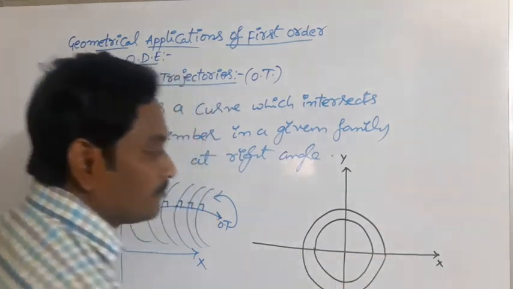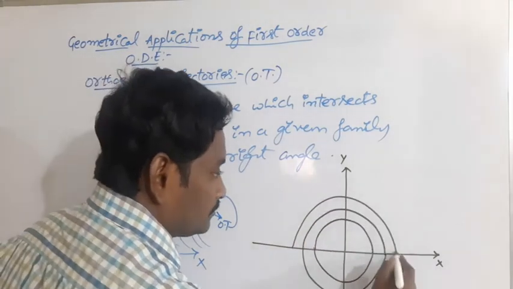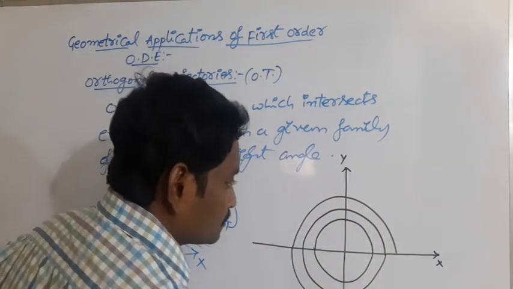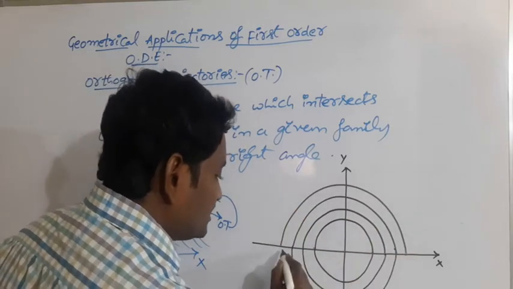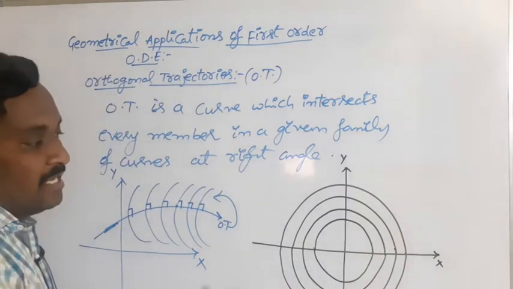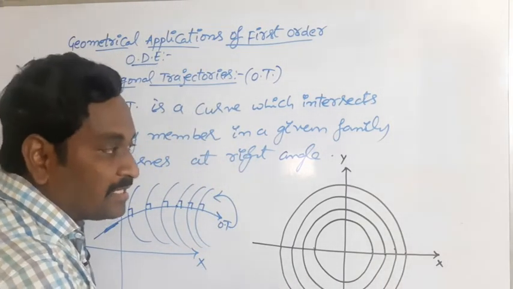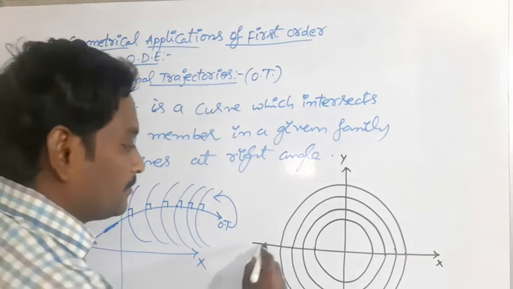Same center with a different radius. So we are observing that this is a family of concentric circles. What is meant by family? It is a system containing similar types of curves, otherwise circles.